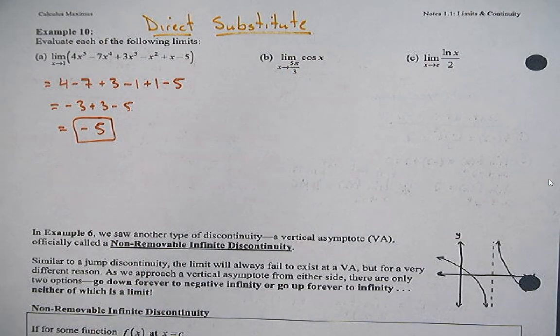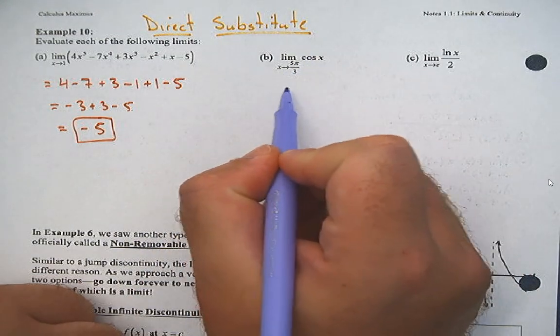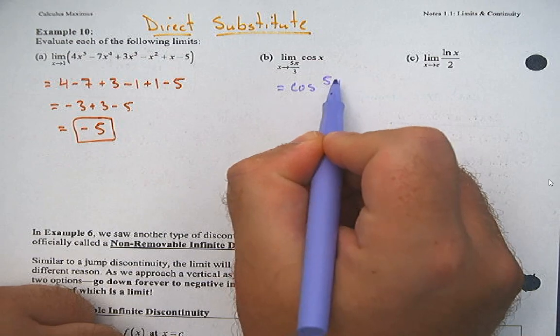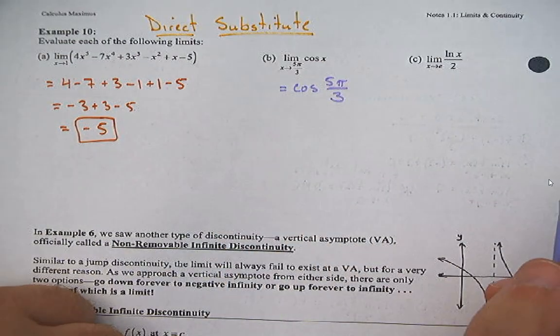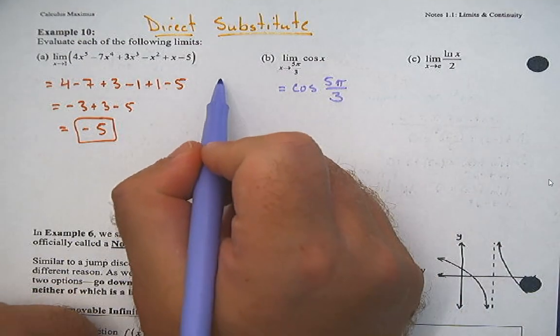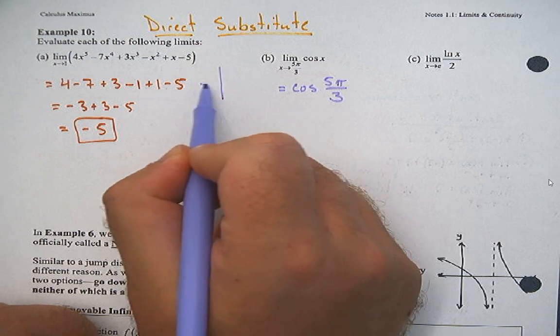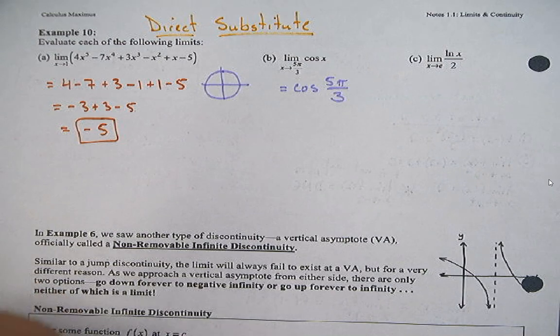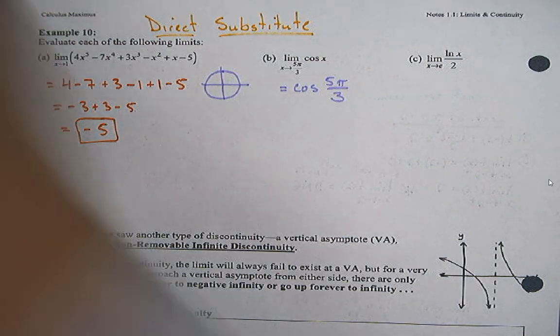So if I look at the next one, ooh, a little trigonometry here. Cosine of 5 pi over 3. Pause it. You should do this on your own. Let's see how you did. Cosine of 5 pi over 3.